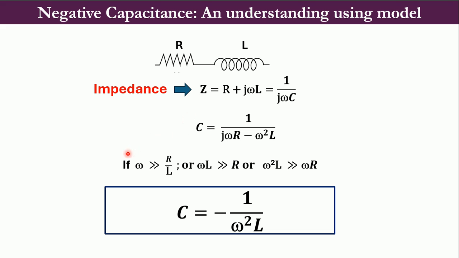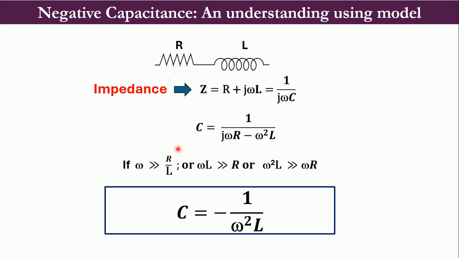So if we apply the condition that omega is much greater than R by L, that is for a higher frequency, we can also write omega L much greater than R, or omega square L much greater than omega R, where we have multiplied both sides by omega. Then if we put this condition in this equation, that omega square L is much greater than omega R, the capacitance will come equal to minus 1 by omega square L. So the important thing is that we have modeled this RL circuit as equivalent to a capacitance.